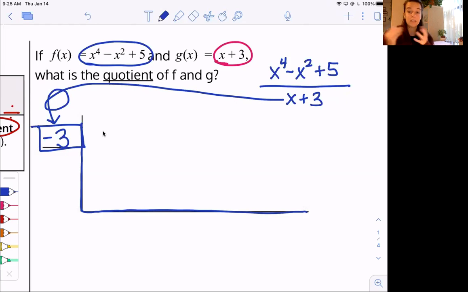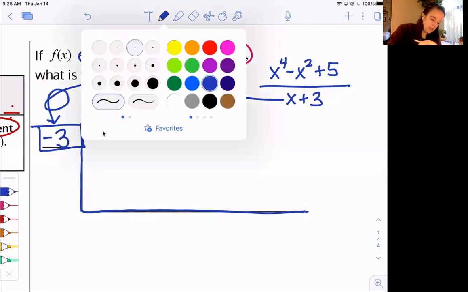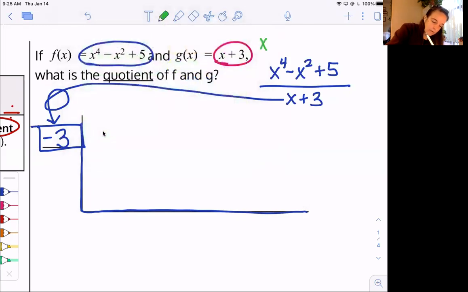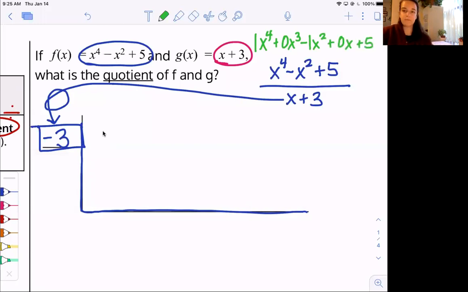So what I'm going to use is a placeholder. I use the number 0 as a placeholder. So when I write this, I'm actually going to write it as 1x to the fourth, plus 0x to the third, minus 1x squared, plus 0x's, plus 5. I'm going to write all 5 of those coefficients.